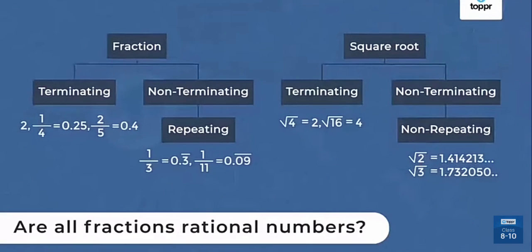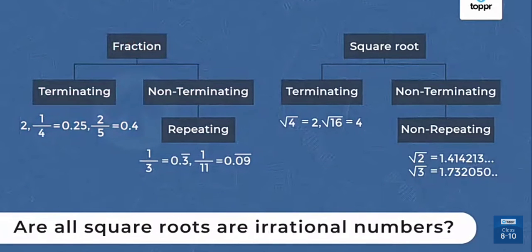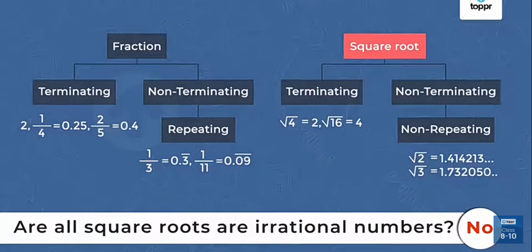Are all fractions rational numbers? Yes. Why? Because the decimal expansion of fractions is either terminating or repeating. Are all square roots irrational numbers? No. Why?